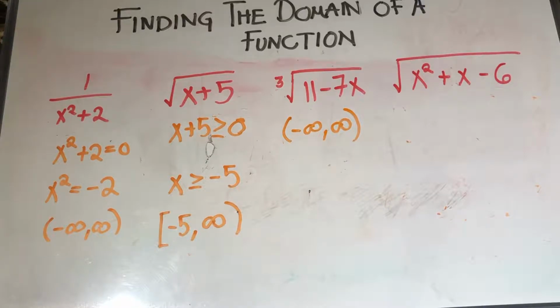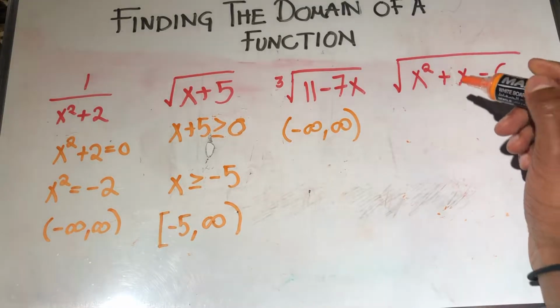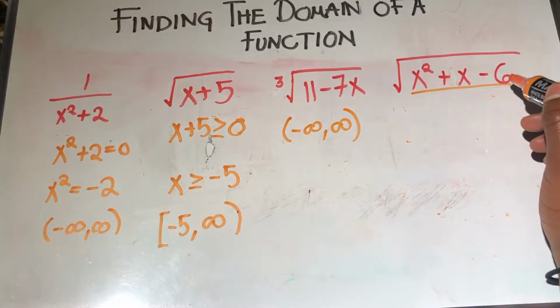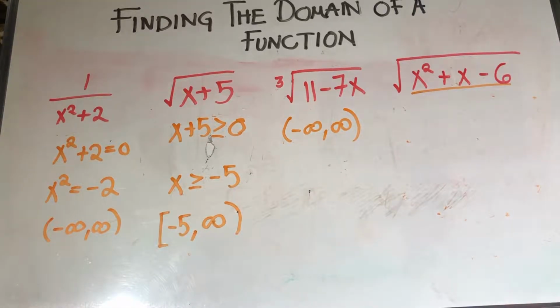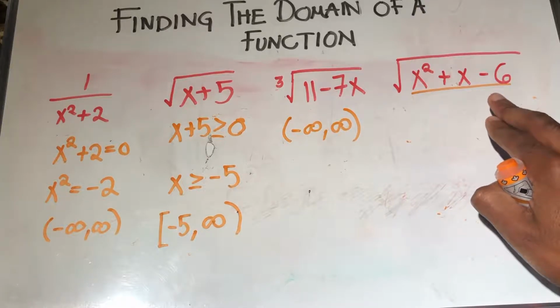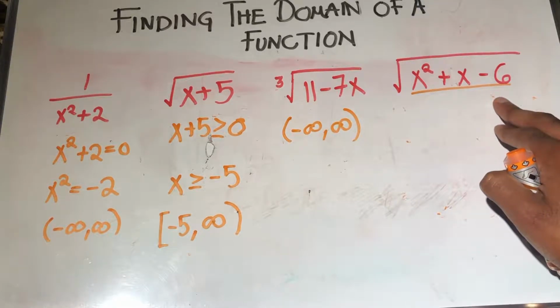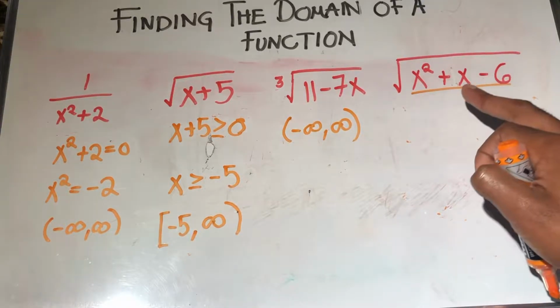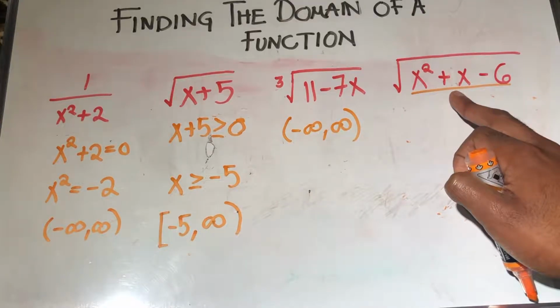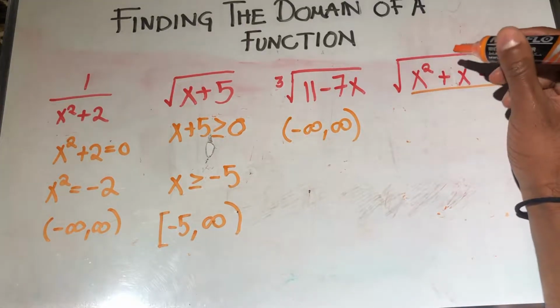Now in our last example here, we have the square root of x squared plus x minus 6. Notice how we have a polynomial in here. So we have to think of two numbers that multiply to give us negative 6 and add to give us positive 1, which is the middle coefficient here.